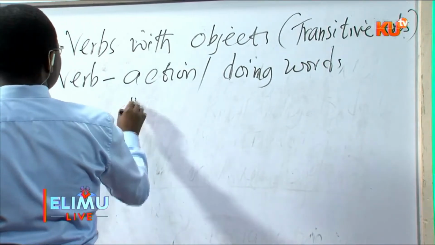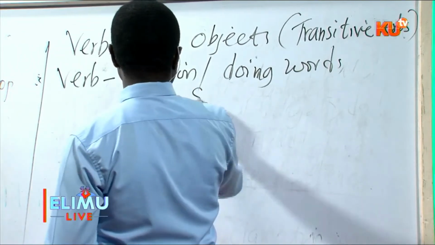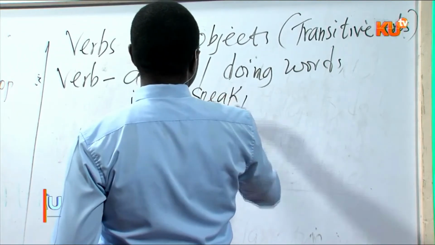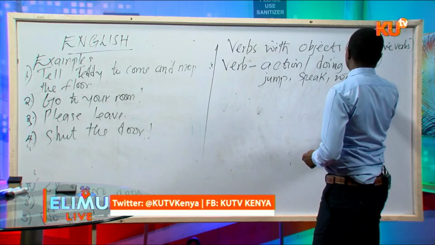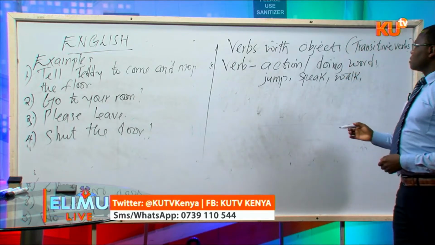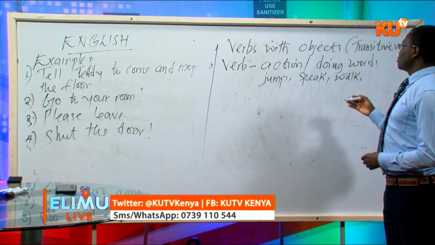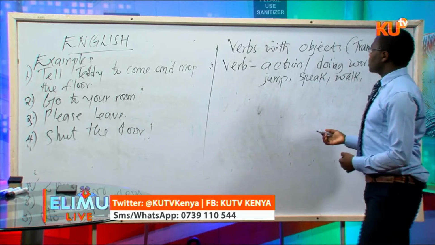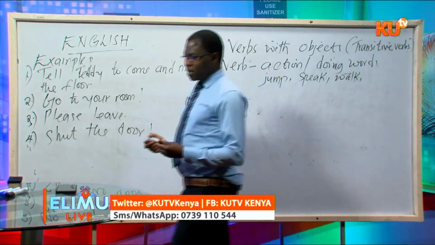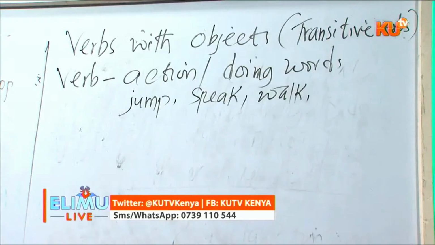For example, jump is a verb, speak is a verb, walk is a verb, right? They express action, or they are used to say what happens. Then we'll be looking at an object later as I go by.